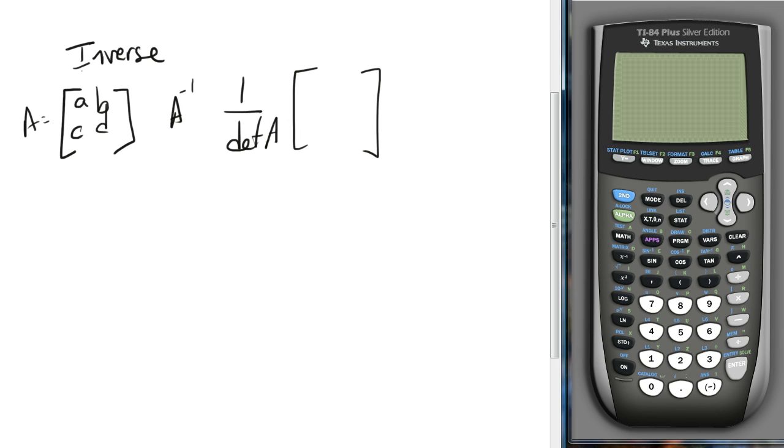Switch the down diagonal, so D, A like this, and just switch the signs on the up diagonal, so it'd be negative B, negative C.